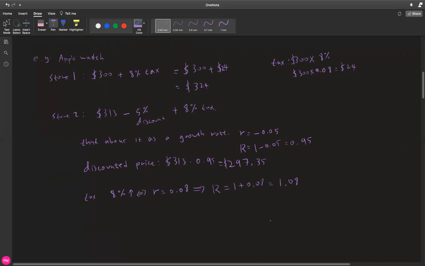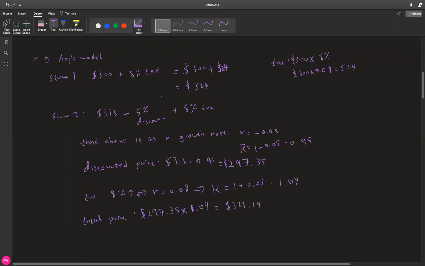So all you have left to do is multiply. The total price for the second store is 297 multiplied by 1.08. Let me change that to multiply. And plug this into the calculator to find that this is actually $321.14.